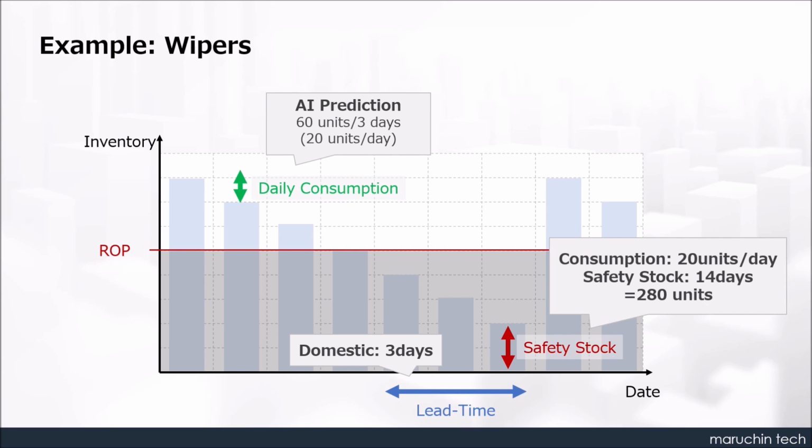However, remember that actual demand fluctuates even during these 14 days. The reorder point is calculated as 340 units, considering both the safety stock and the consumption during lead time. Therefore, the system must place an order when the logical inventory drops below 340 units.